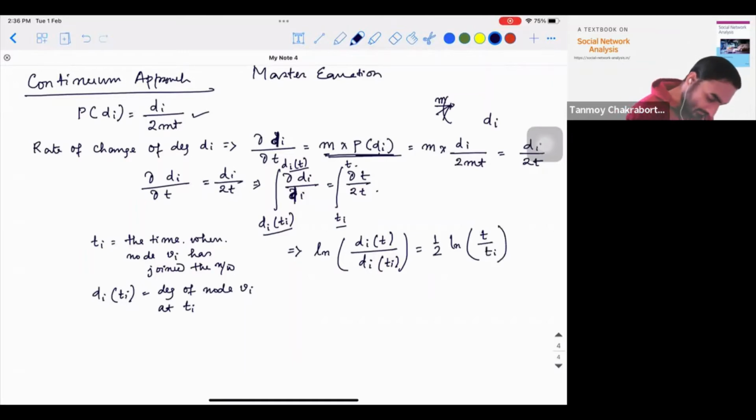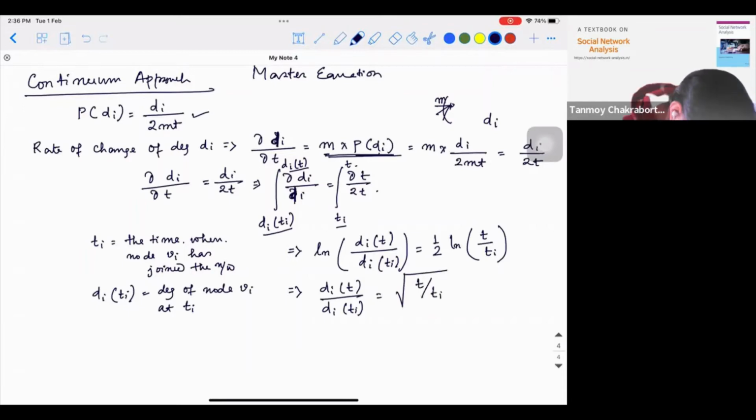Okay, so this would be di(t) by di(ti) equals to square root of t by ti.